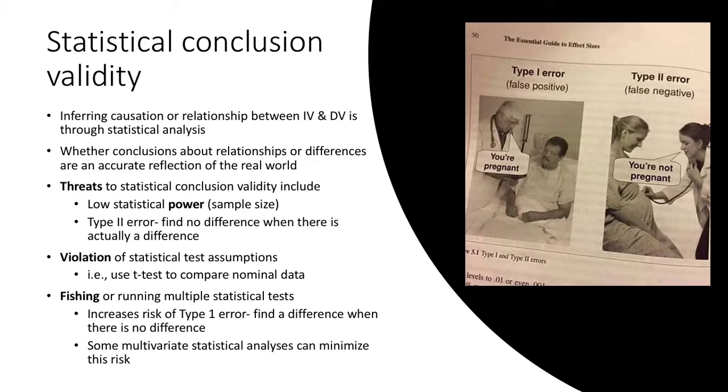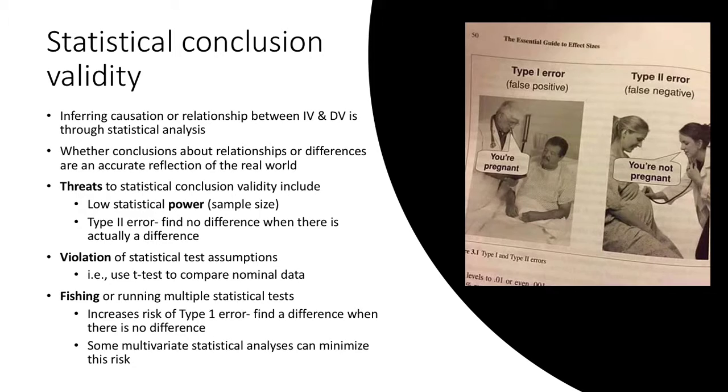For example, you could not use a t-test, which looks at interval level or continuous data, for nominal data, meaning you couldn't use a t-test to compare men and women. But you could compare men and women on differences in pain scores, and that would be appropriate. So you have to make sure the statistical test is appropriate for the level of data you're analyzing.